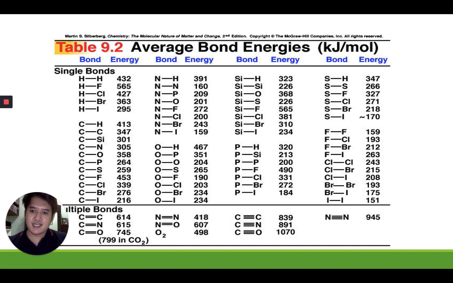So that means you relate it to the previous table a while ago. That means that the larger the bond length is, the less energy will be stored in that bond. And why is the energy in bonds important or significant?